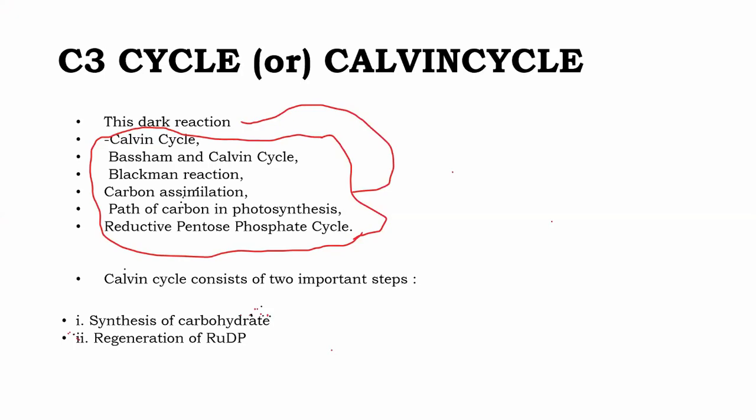The Calvin cycle consists of two important steps. Listen carefully: one, synthesis of carbohydrate, then regeneration of RuBP. Two major steps, but these will take place in 3 phases.